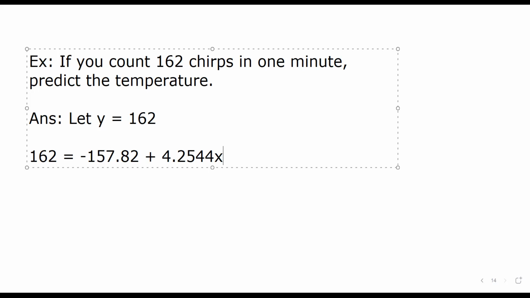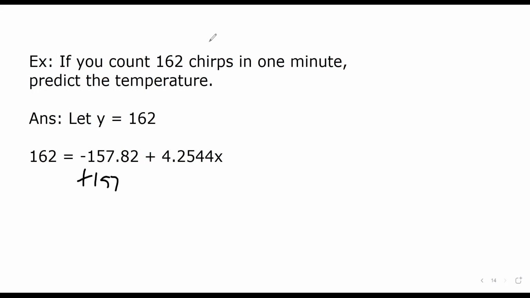This is algebra because we have to undo the math in order to solve for the x. I know it's not an algebra class, but can anybody tell me what algebra moves I would have to do to start getting the x by itself? Add this number to make it disappear. Let's do that, and then I'll give you a chance to finish it. So plus 157.82.